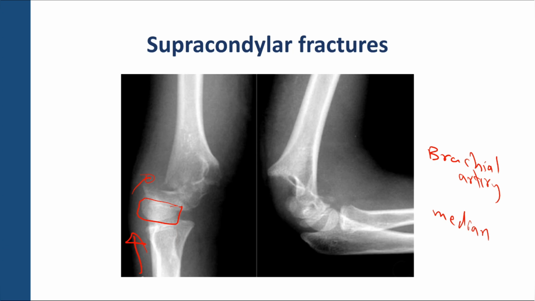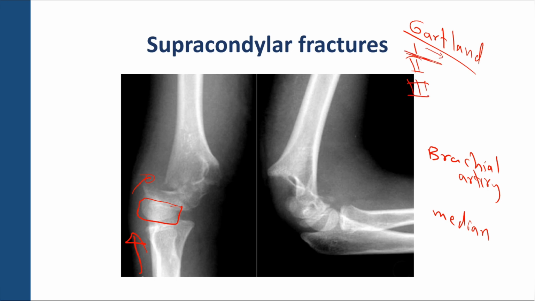Supracondylar fractures are classified by the Gartland classification. In the Gartland classification, there are three types: type 1, 2, and 3. In type 1, it is non-displaced.